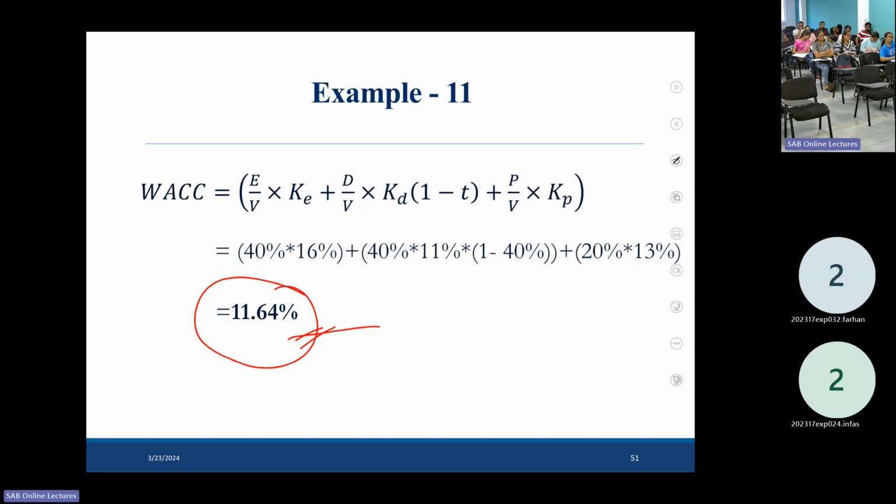You can't pay their interest, and you can't pay their preference shareholders' expected rate of return. In order to satisfy your investors, in order to pay their dividends, interest, capital gains, you should earn at least this. So that is why we call this the minimum required rate of return from our investment of the company.